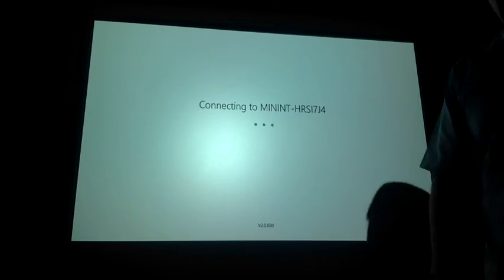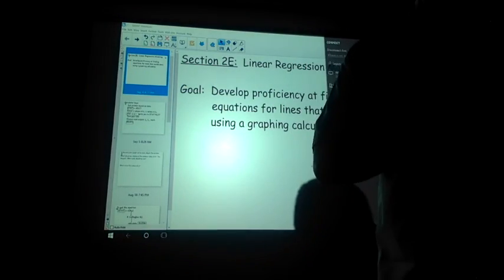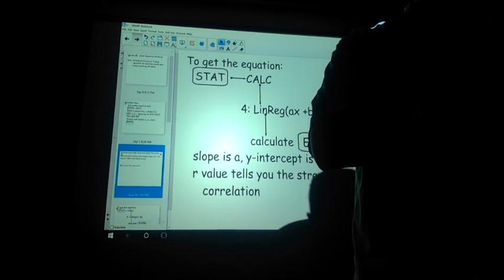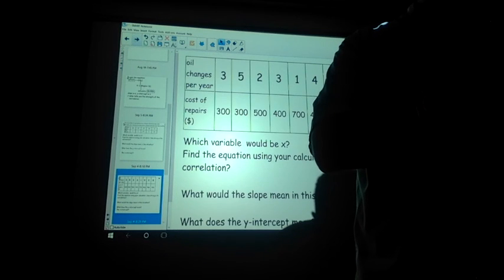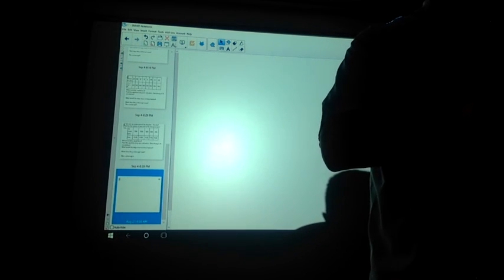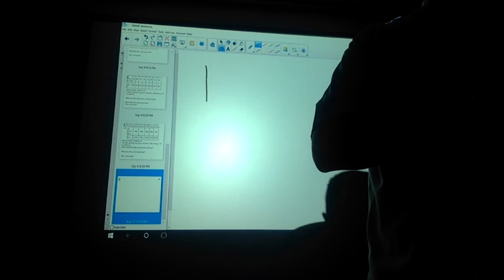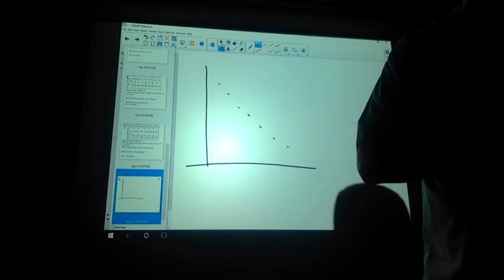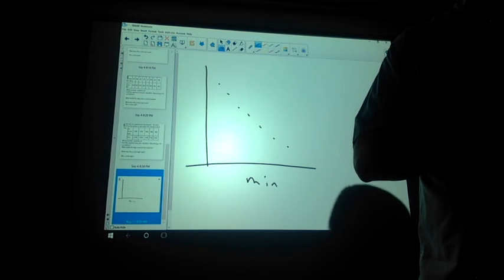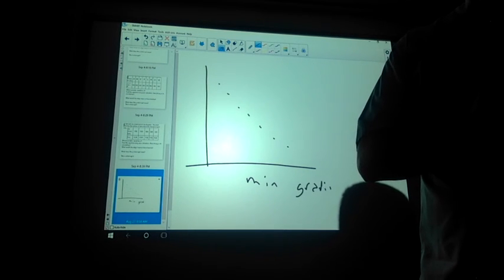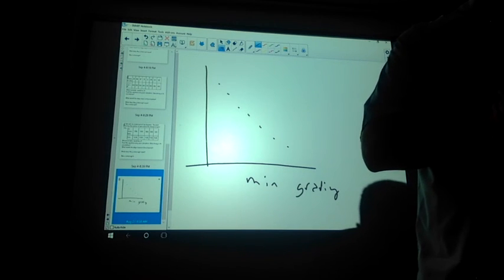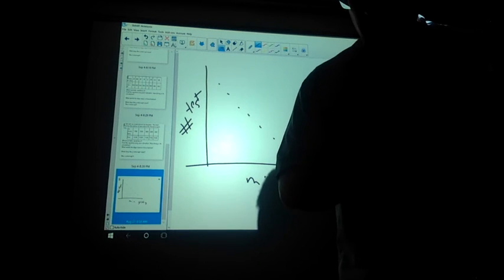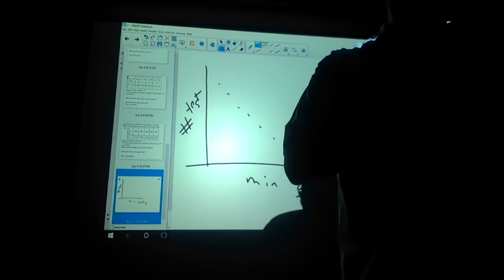And I'm just going to draw a rough representation of what this looks like. This is minutes of grading, and this is number of tests. That's a silly representation.